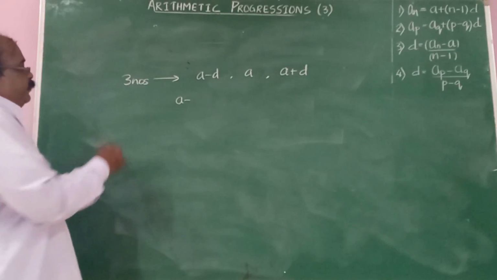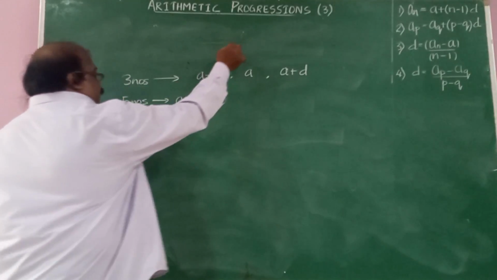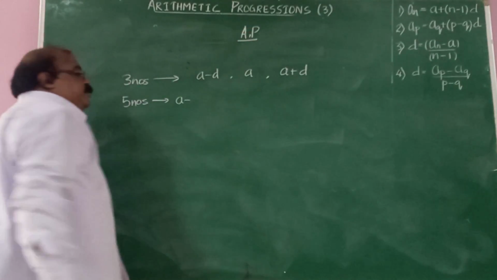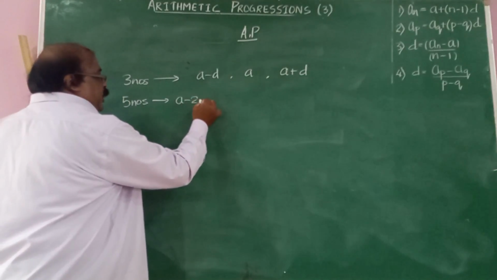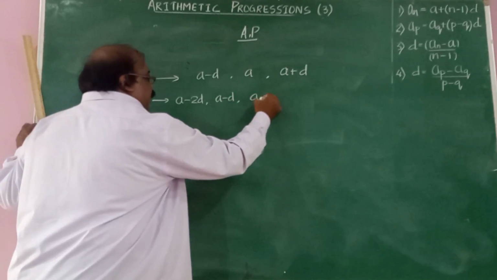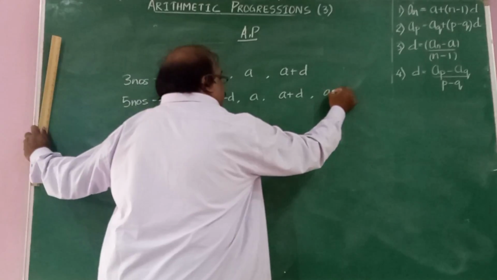If 5 numbers are in arithmetic progression, if I say 5 terms are in AP, then you assume your numbers to be A minus 2D, A minus D, A, A plus D and A plus 2D.